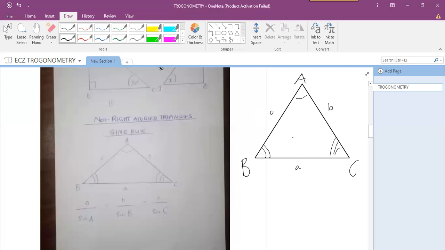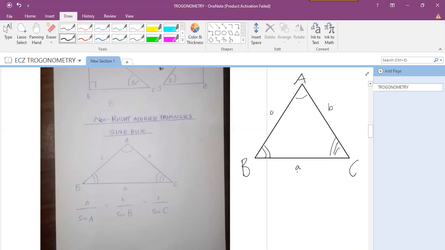Have you gotten that? Yes. I've just followed their opposite sides. Because I followed their opposite sides, the sine rule states that their ratios are the same. The ratio of the sides in relation to the angle is the same. So this a here comes from this side.